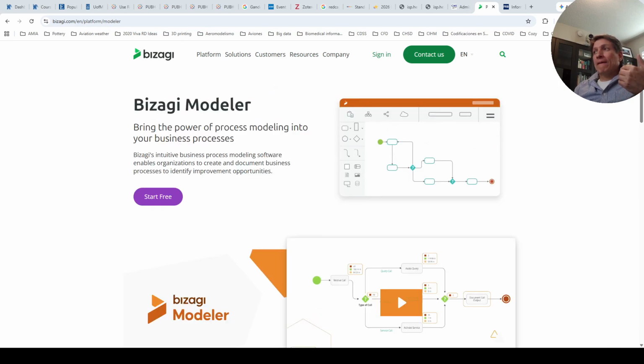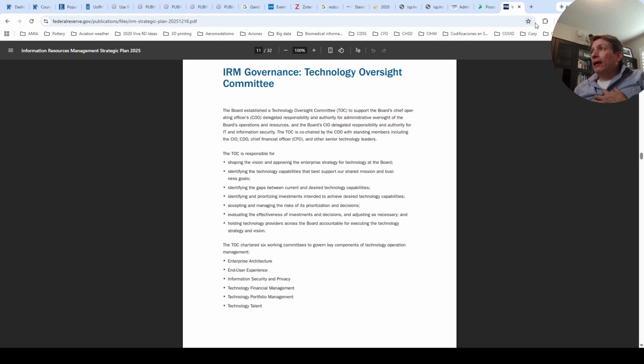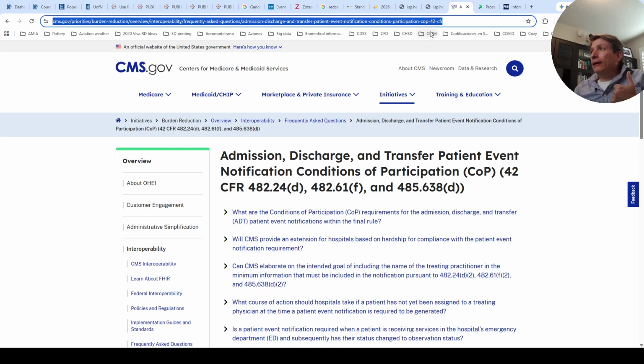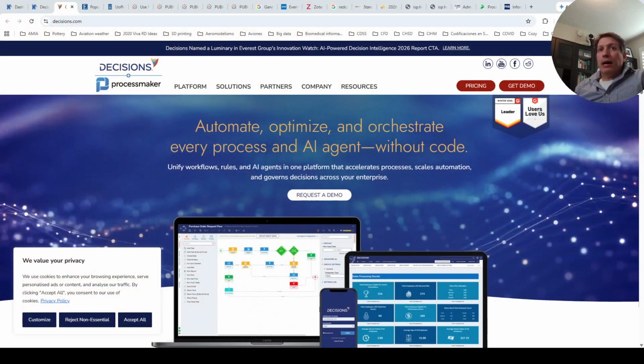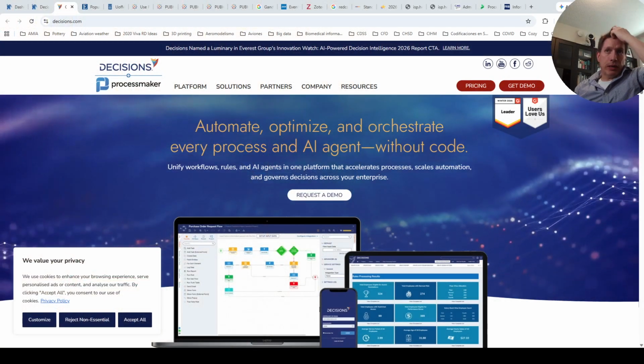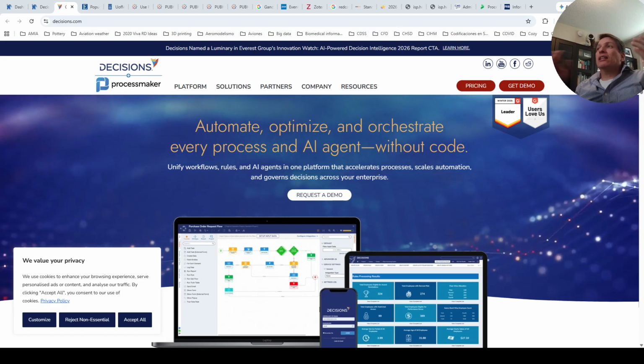And the other tool that we can look at is called Decision and Process Maker. Decision and Process Maker is another tool that also optimizes and orchestrates processes.